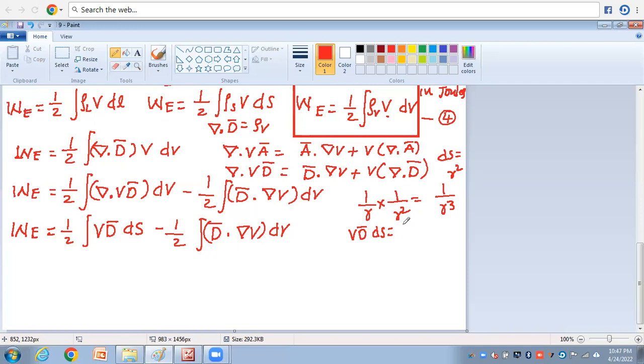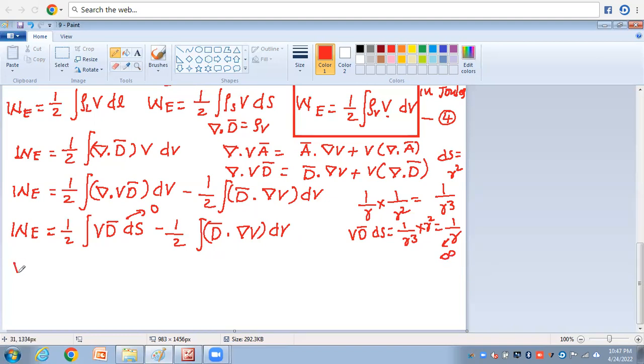So doing some mathematical part, V D bar can be written as 1 by R cube, then dS, R square. The resultant is 1 by R. So I think this is the infinite space. If I substitute infinity in the place of R, this term becomes 0, or we may neglect this term, because if you substitute infinity for R, 1 by infinity tends to 0.